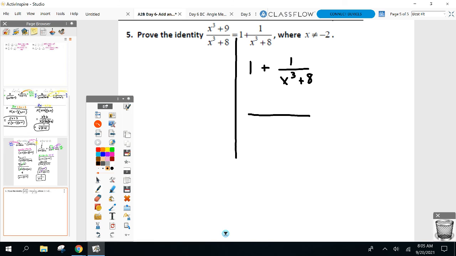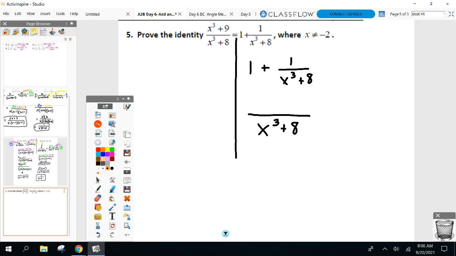I got a 1 on this side of the plus sign, and I got an x to the third plus 8 on the right. What do you think my common denominator would be? X to the third plus 8, right? I know what it's got to equal to on the left, right? I know it's got to equal that left side sooner or later.